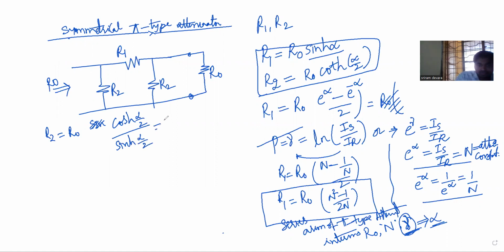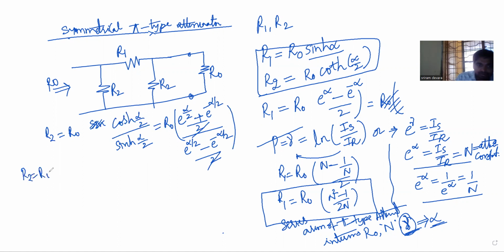This can be written as R0 into cosh alpha by 2, which is (e power alpha by 2 plus e power minus alpha by 2) divided by 2. Similarly, sinh alpha by 2 can be written as (e power alpha by 2 minus e power minus alpha by 2) divided by 2. Now the 2 and 2 get cancelled.